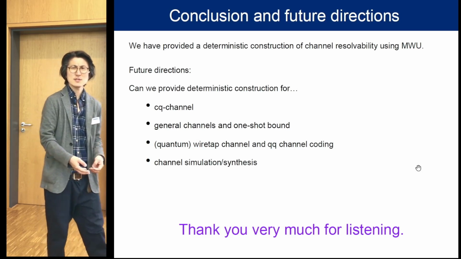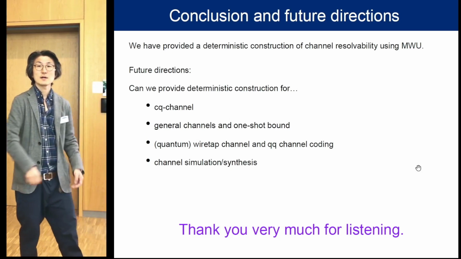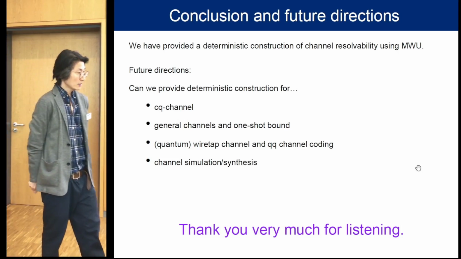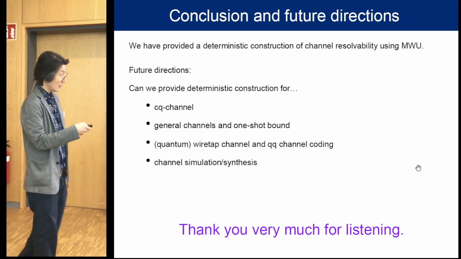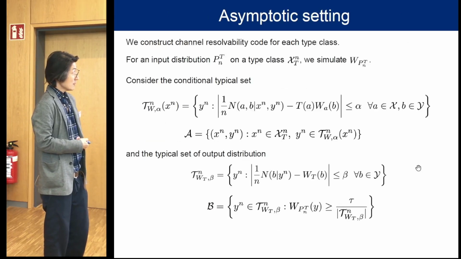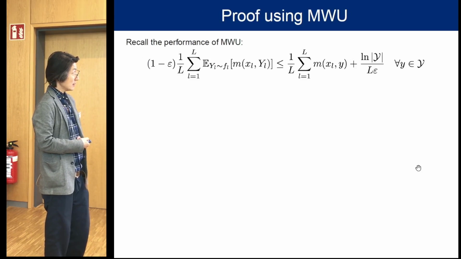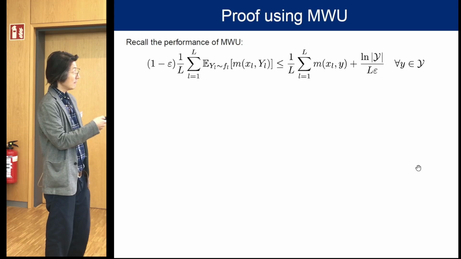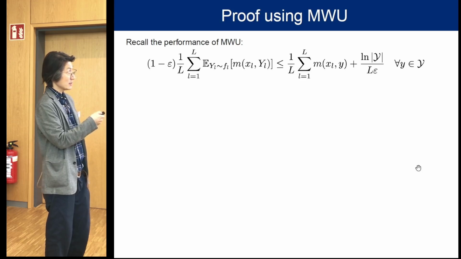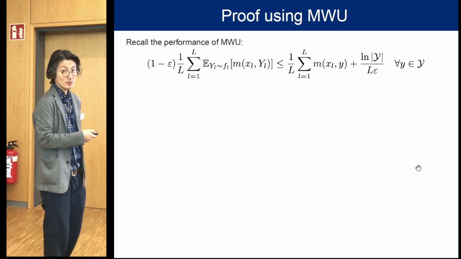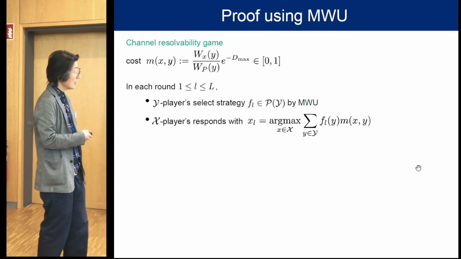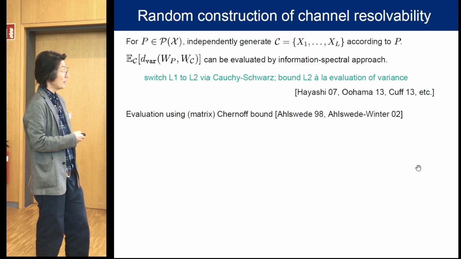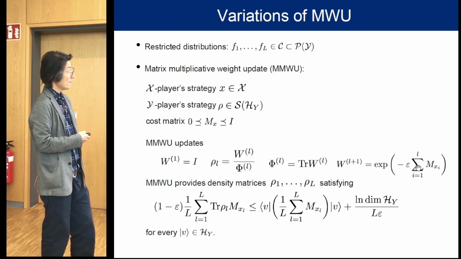So your question is, have you studied channel resolvability over continuous channels? We haven't tried that. In the vanilla version of this bound, we have this log cardinality of the output size. So this bound itself cannot be directly used for a continuous channel, but maybe some other variant of the MWU algorithm, for instance this version, could be used.